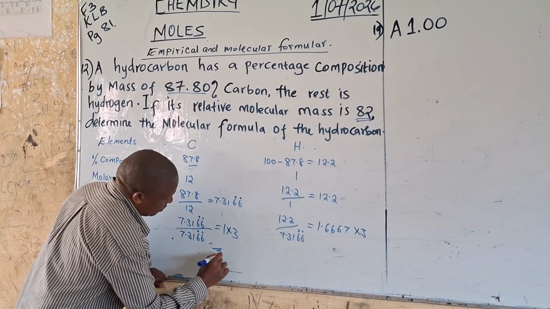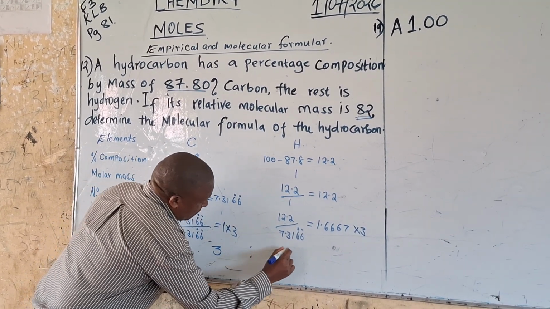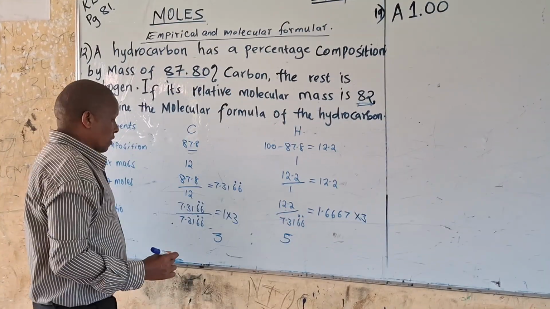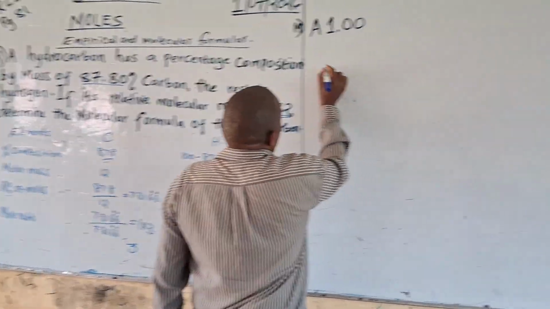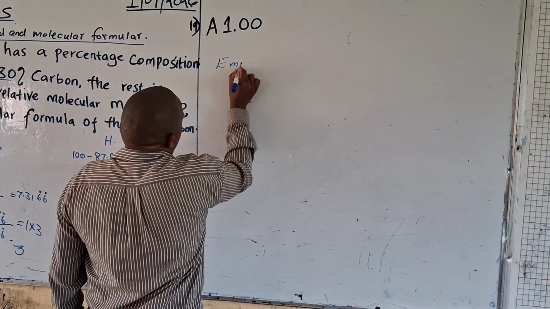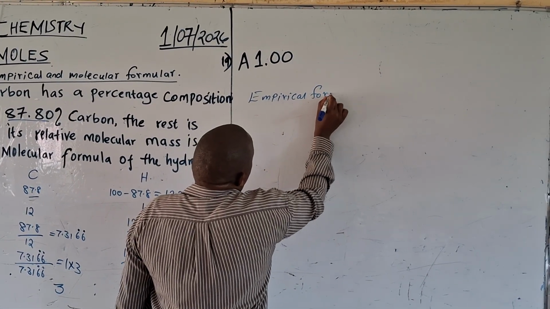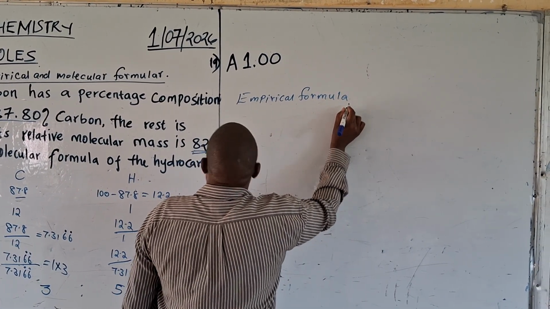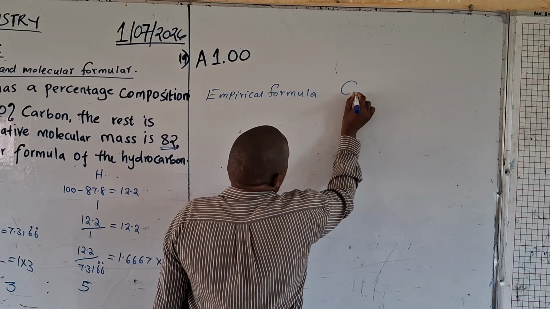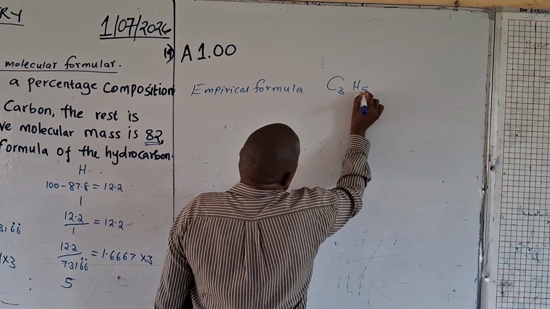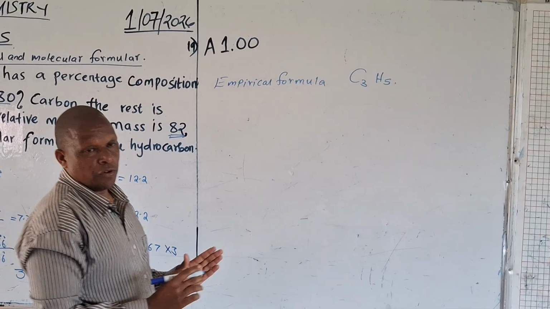So the mole ratio will be 3 to 5. So the empirical formula will be C3H5.